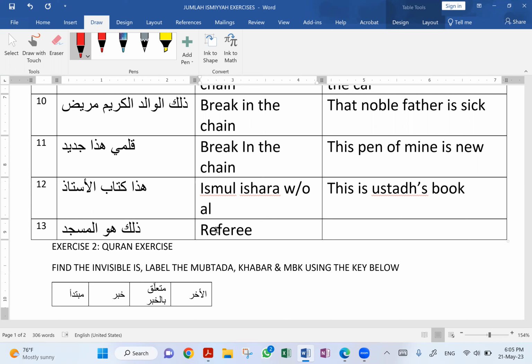Damir al-shan is the one that is translated as the fact of the matter is, like Qul huwa Allahu ahad. Ustad mentioned this. Qul, the fact of the matter is Allah is one. Say to the people, the fact of the matter is Allah is one. Okay. So how do we translate this?